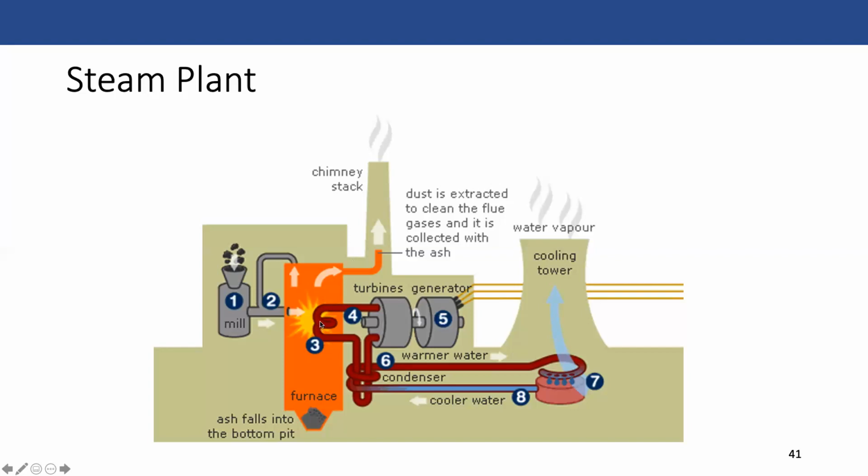But also, you can imagine that the gases coming out of the exhaust here are pretty hot, which means some of that heat is lost to the heat content leaving the chimney stack. The furnace itself, while it's insulated, can't be perfectly insulated, and so you're heating up that whole environment.